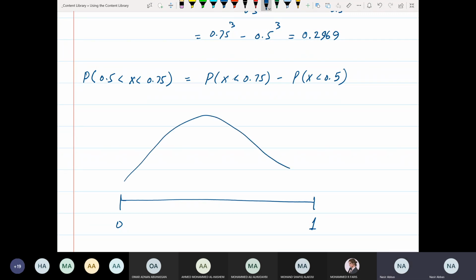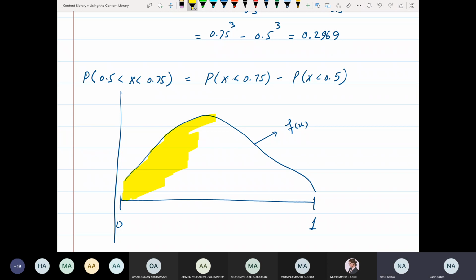And this is somehow the probability density function. It's a function. And you also said that if you integrate this function all the way from 0 to 1, the overall yellow area is 1.